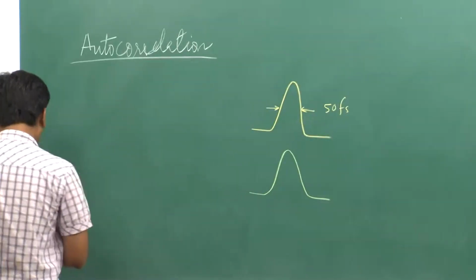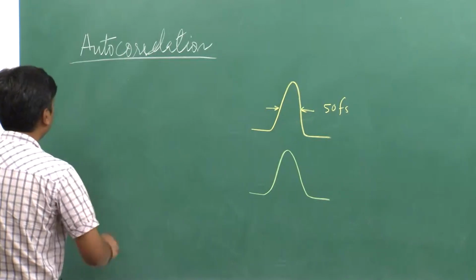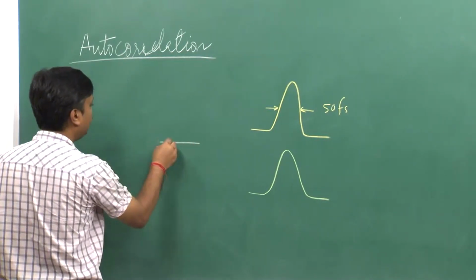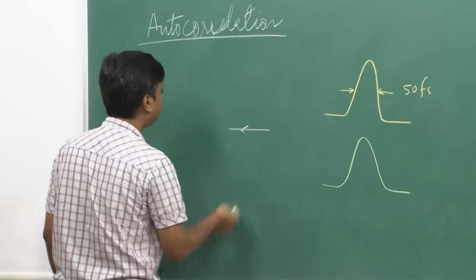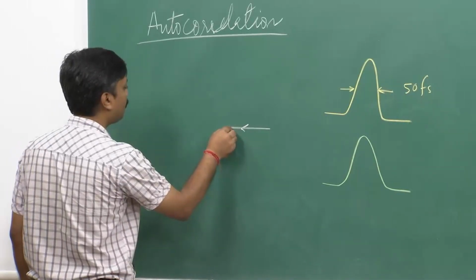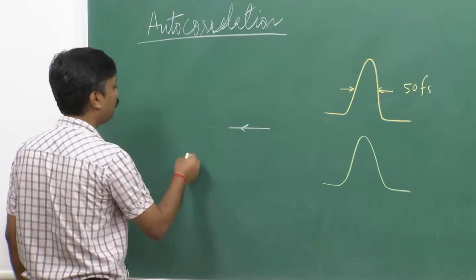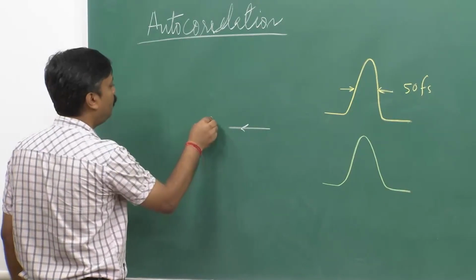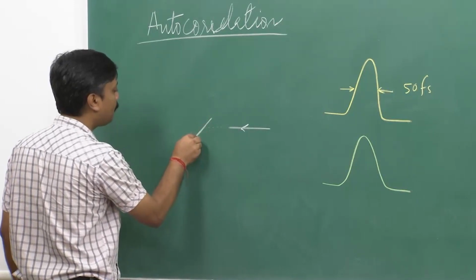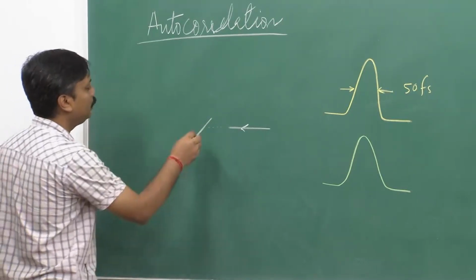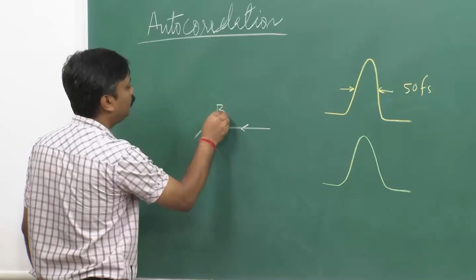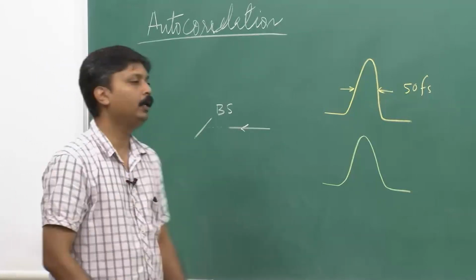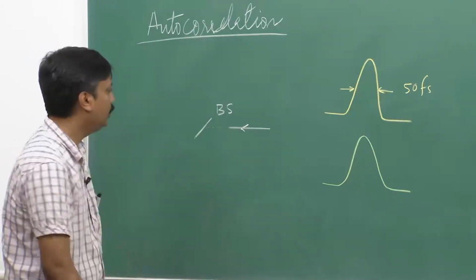So the schematic is as follows. Suppose I have a laser light coming in this direction. Now, if I put an optic known as a beam splitter, meaning it will split the beam 50-50 percent. How?